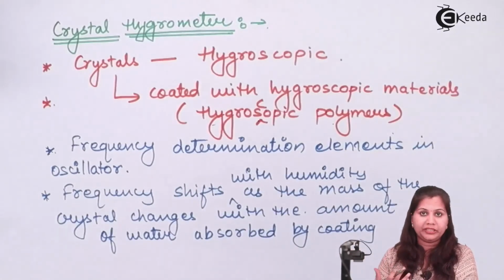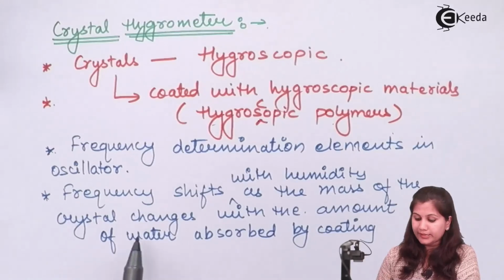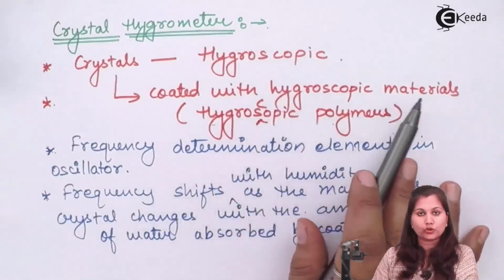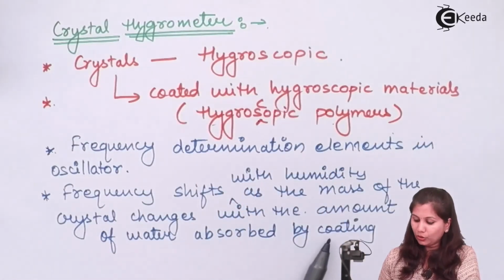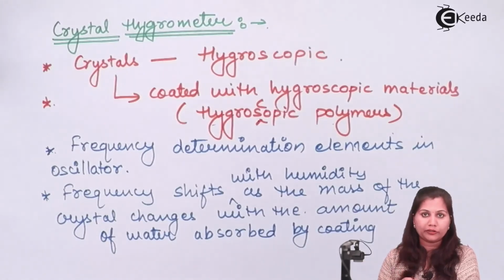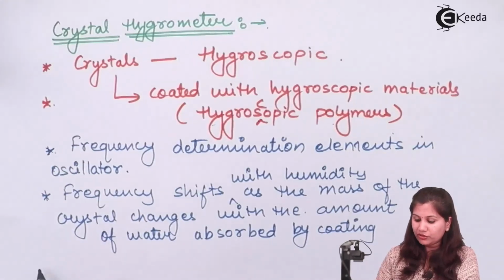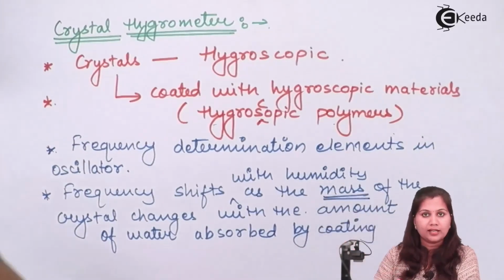when the humidity changes, these crystals have a hygroscopic coating over them, so that coating is going to absorb the water vapors, and due to the absorption of the water vapor, there will be a change in the mass of these crystals.